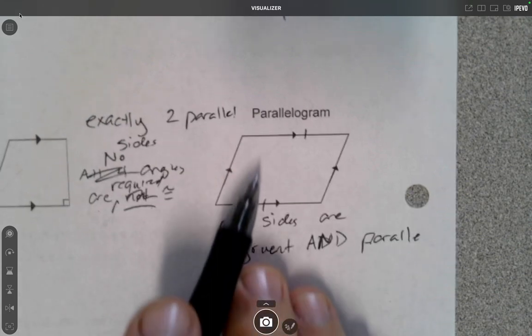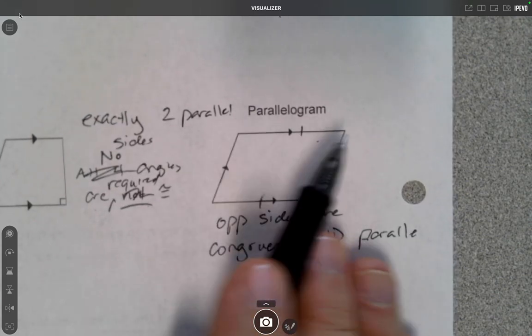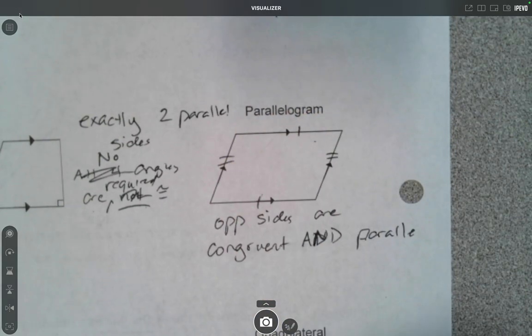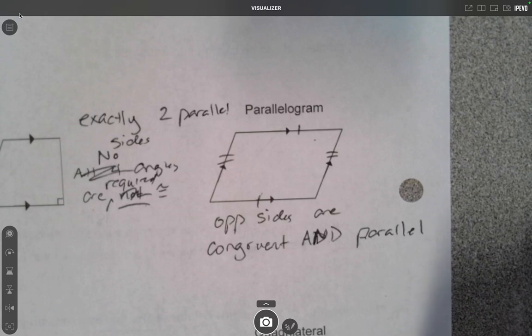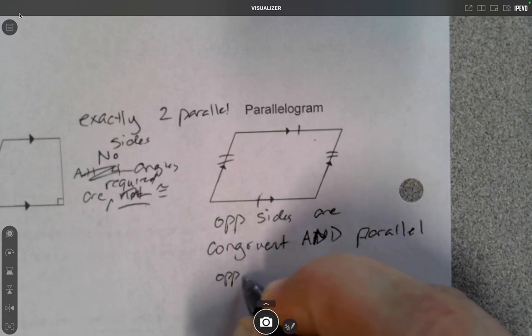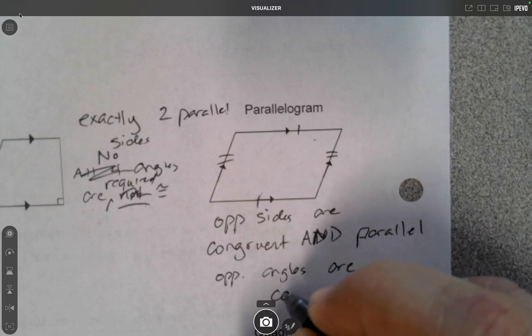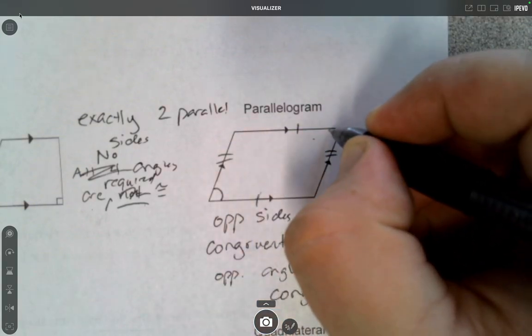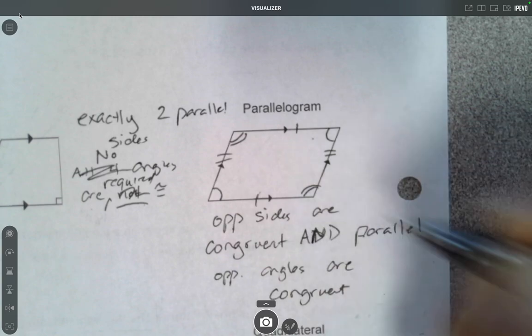So for a parallelogram, its opposite sides are congruent and parallel. Also, in a parallelogram, opposite angles are congruent. So that angle is congruent to that angle, and this pair are also congruent to each other.